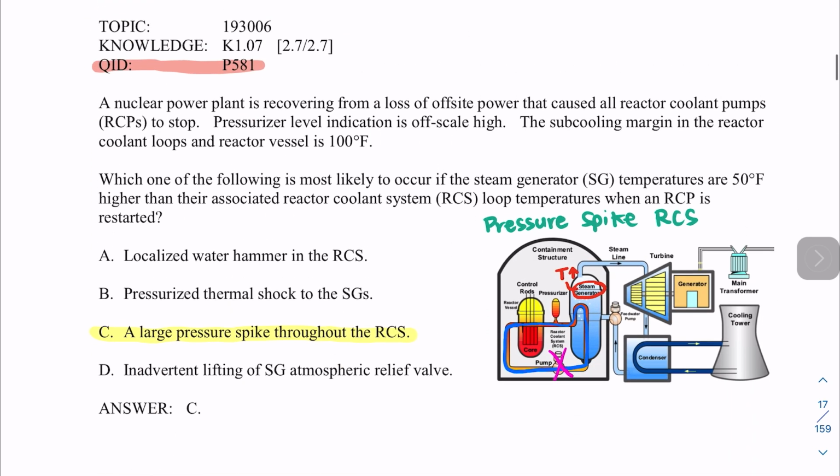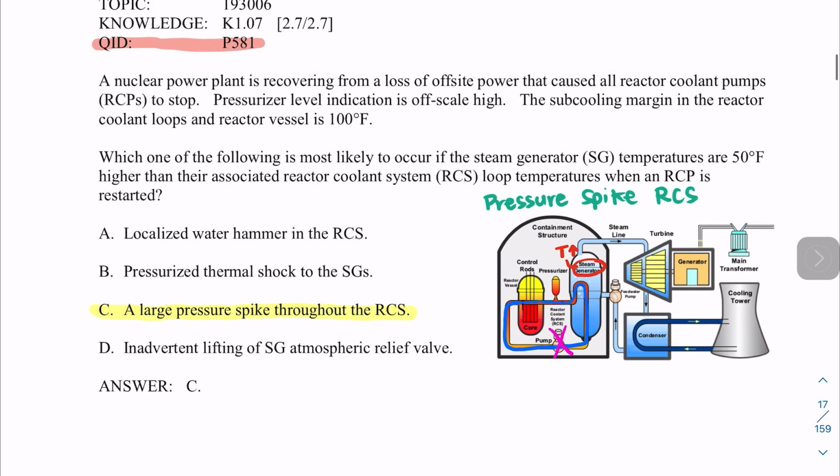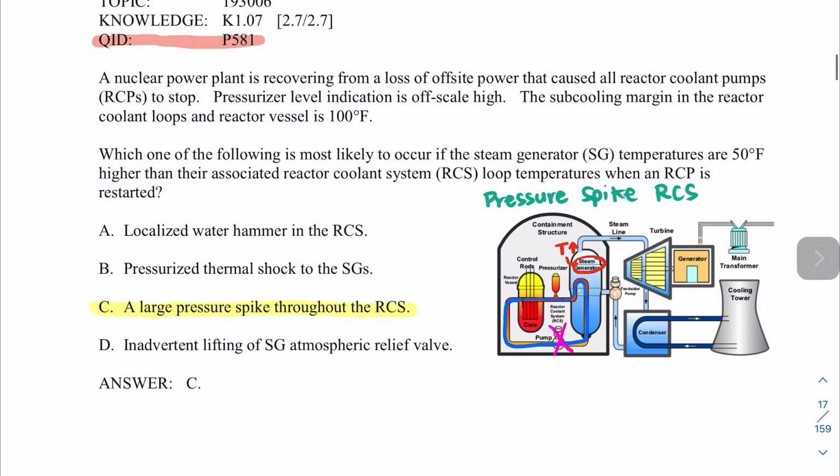Okay, now let's go over another problem, a little bit different, changing gears a little here. This question is P581. A nuclear power plant is recovering from a loss of offsite power that caused all reactor coolant pumps, RCPs, to stop.